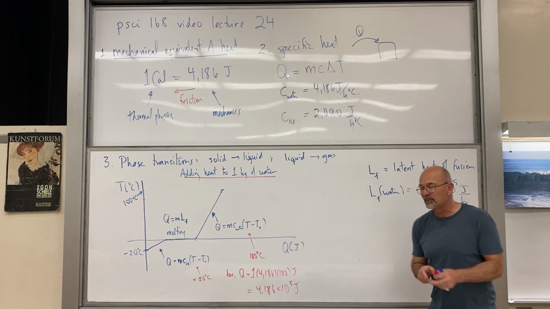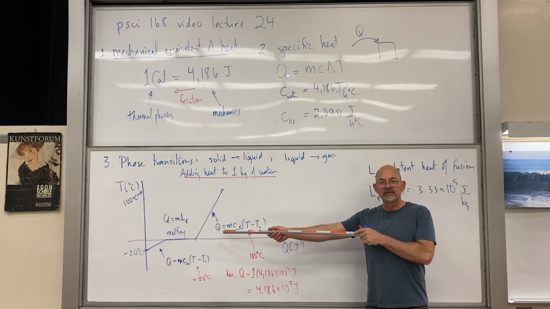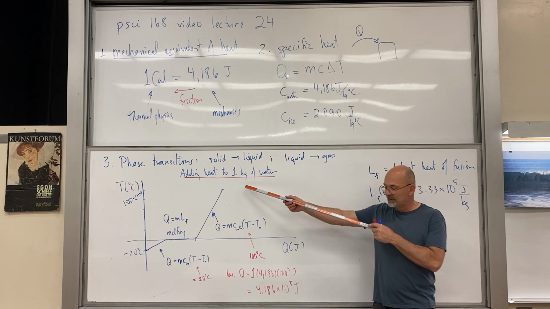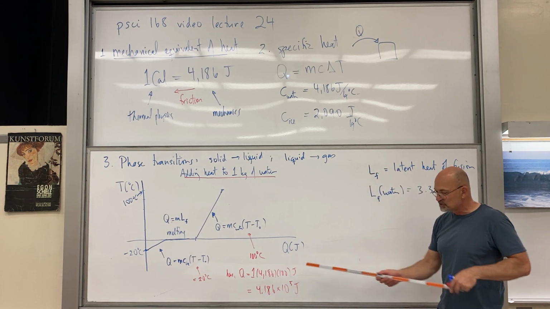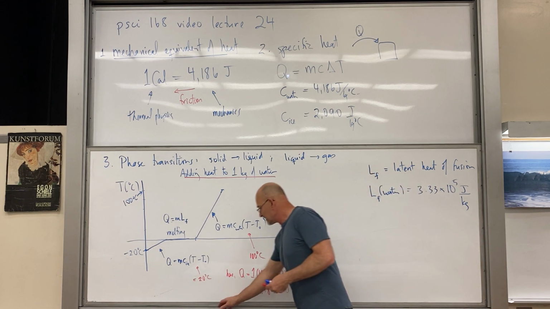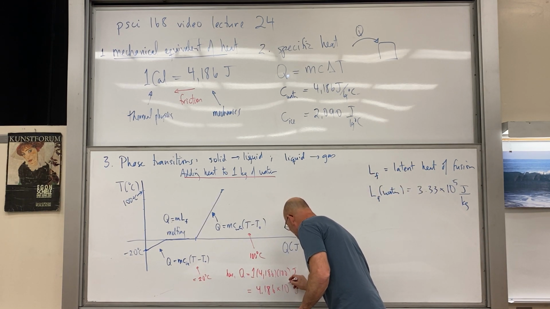So this number is important. You take water at 0 degrees Celsius, bring it all the way up to a boil. It takes 4.186 times 10 to the 5 joules. Let's make that more clear to read. 10 to the 5.